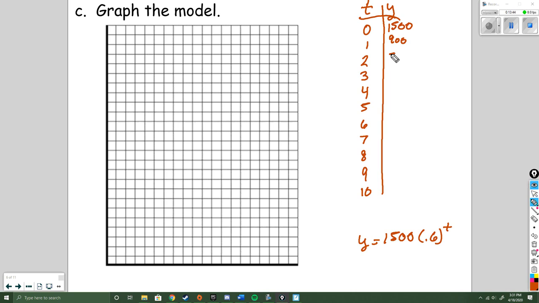After 2 years, 540. After 3 years, 324, 194.40, 116.64, 69.98, and so on. I'm just going to fill in the rest all the way up to 10.